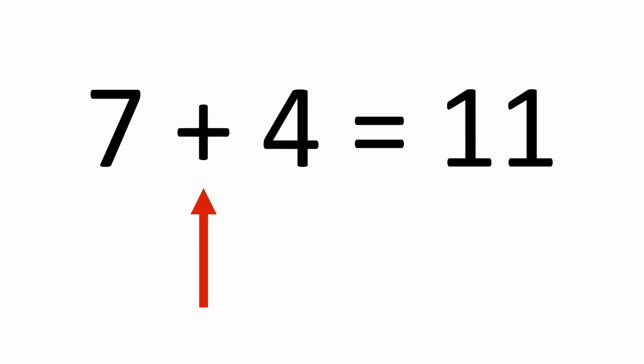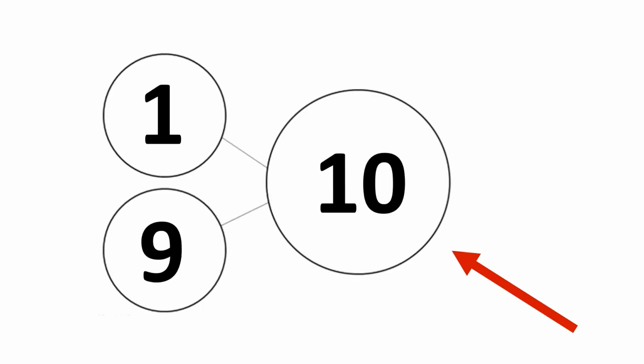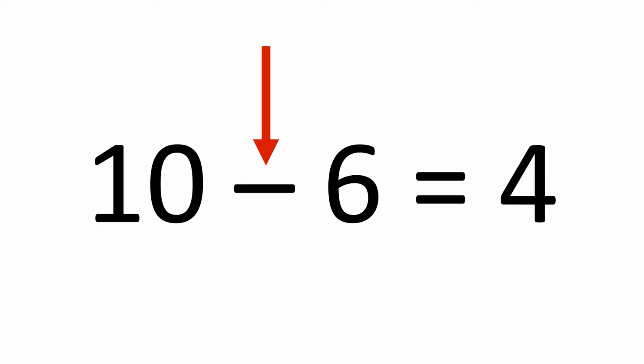Here's our next one. Get ready. Is this arrow pointing to the whole or part of a number bond? The whole. This arrow is pointing to the whole. What sign is this arrow pointing at? A minus sign. This is the minus sign.